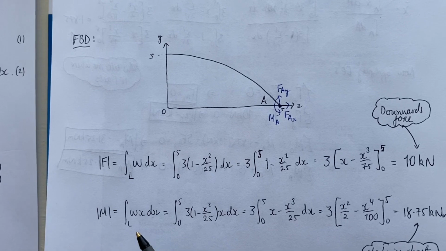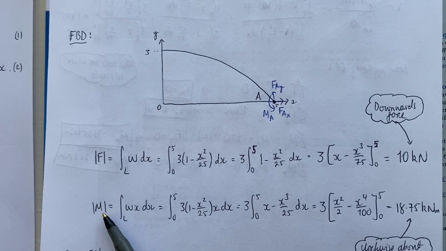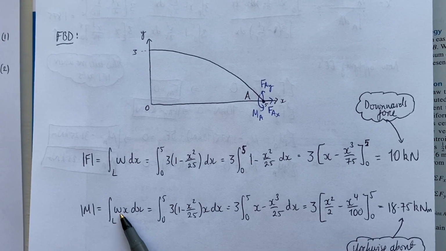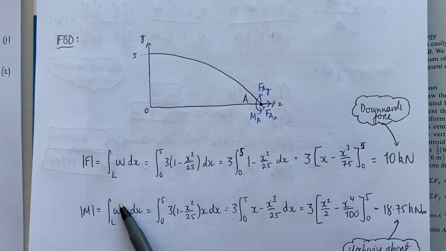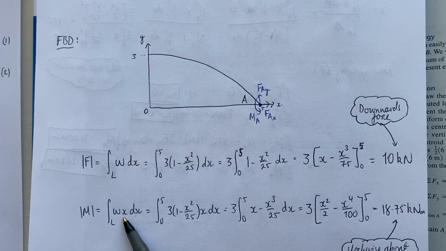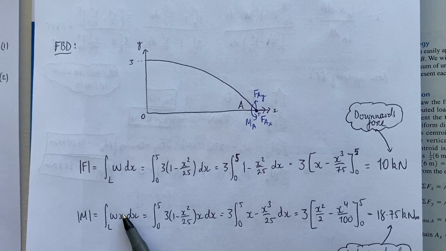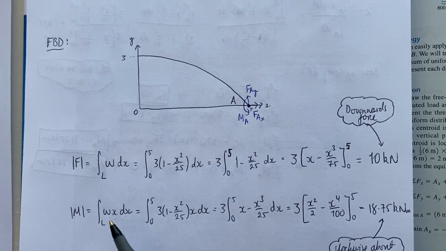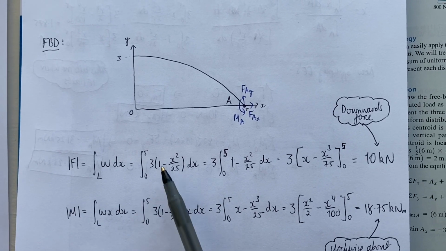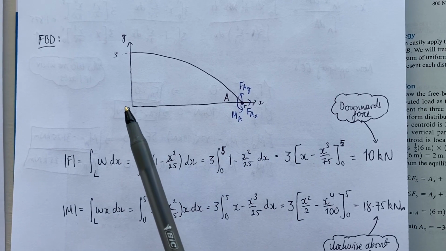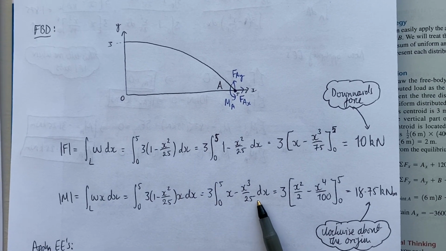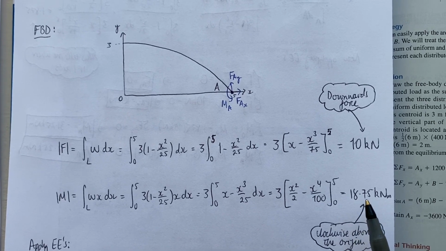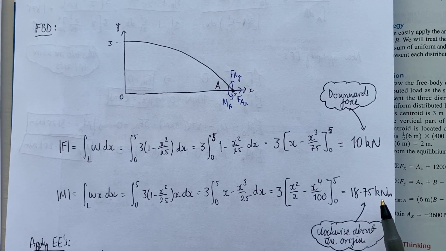Then we move on and do the same thing to find the magnitude of the moment. This time we apply the loading curve, multiply by x, because now we have a distance associated with this force, because it's a moment, right? We're still integrating between 0 and 5 across the length of the beam. Follow this through and I get a moment of 18.75 kilonewton meters.